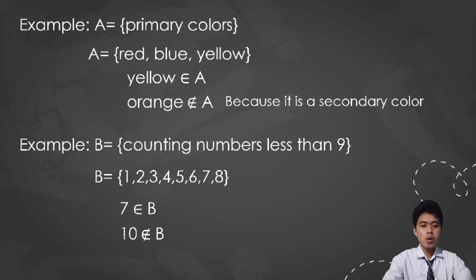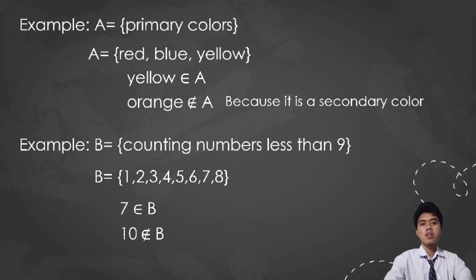So, another example, we have set A is the set of primary colors. So, if we list the primary colors, these are red, blue, and yellow. Tatlo lang yan. So, alam naman natin na yung elements ng set A are red, blue, and yellow.